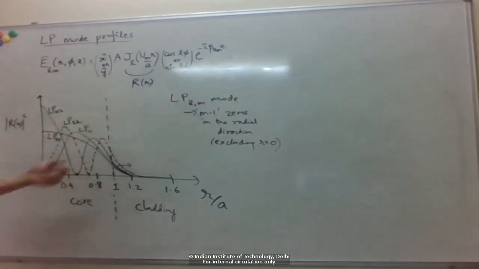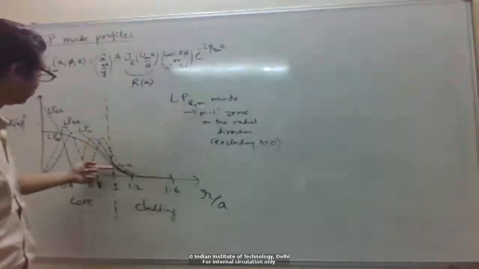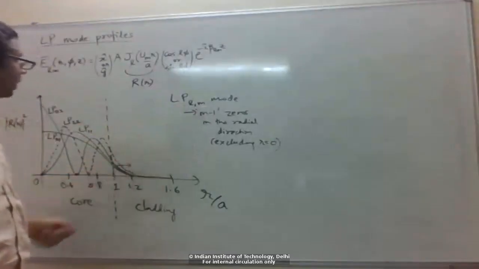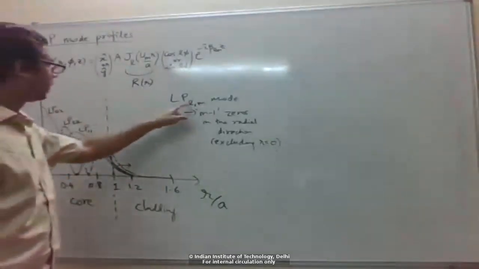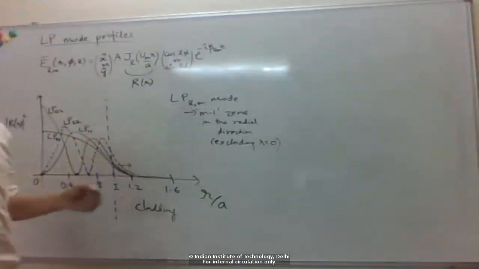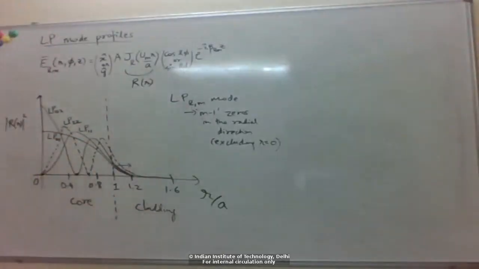For a given L, as M increases, the mode leaks more into the cladding, or as L increases, also the mode leaks more into the cladding. Right, so LP01 is the most confined mode. Okay, so that's how it looks in the radial direction.